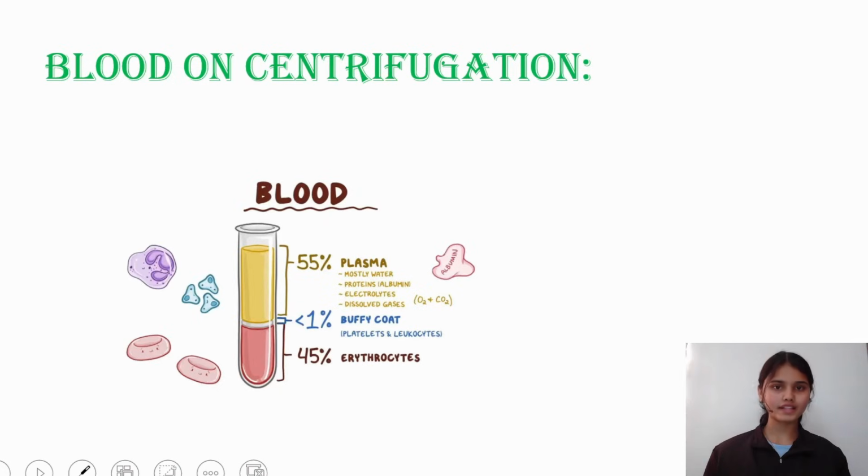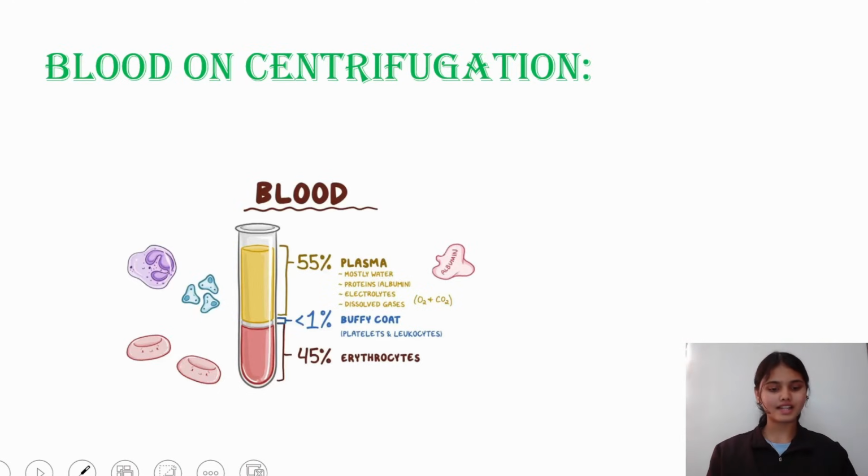Our main significant layer over here is the buffy coat layer, which comprises less than 1%. It is like a white thin layer formed between the above plasma layer and the below RBC layer. This buffy coat mainly consists of platelets and the leukocytes.